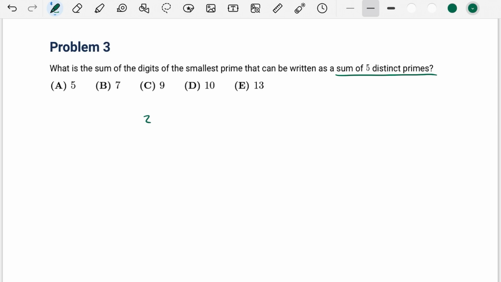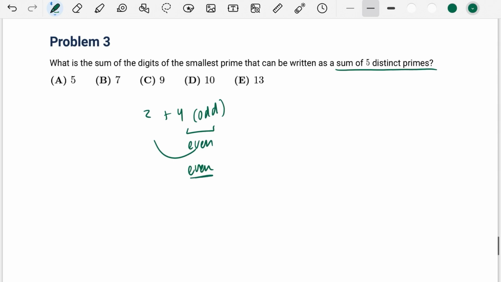So if 2 was one of our primes, and then we added 4 more odd primes, well, 4 times an odd number is going to be even. And 2 plus an even number is going to be even. However, since this sum has to be a prime and there are no other even primes other than 2, we know that we can't have 2 be one of these primes that we're summing.